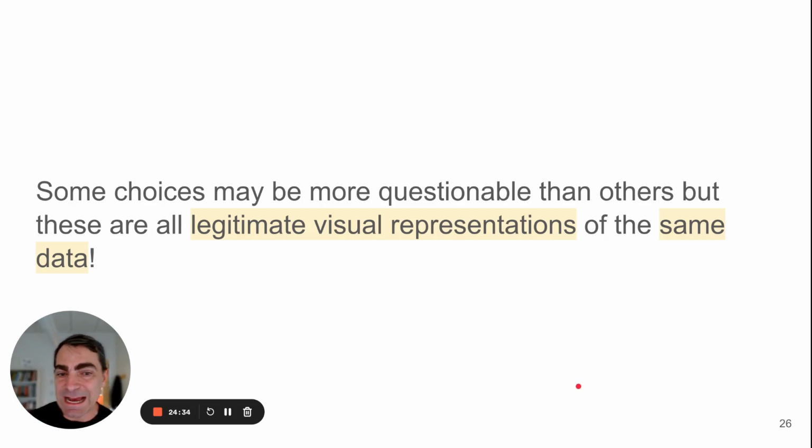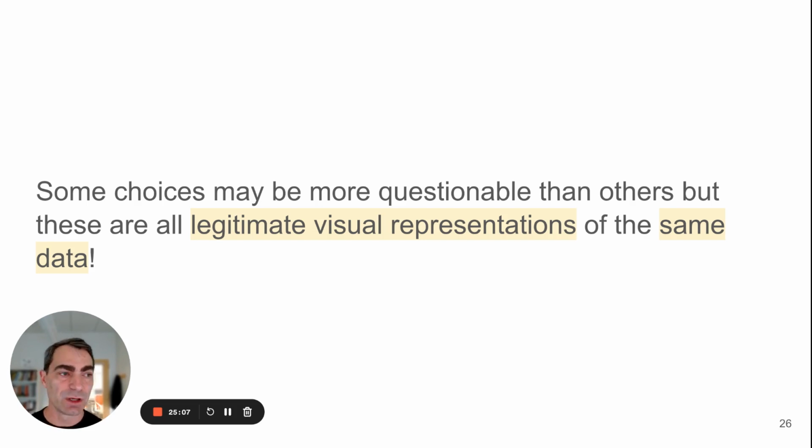So another thing that I want to highlight here is that while some of the choices made in the visualizations that I've just shown may be questionable or more questionable than others, these are actually all legitimate visual representations. It's not like these visualizations are wrong in any meaningful way, or they contain some blatant lies or falsification, right?